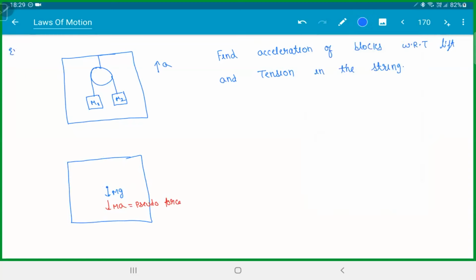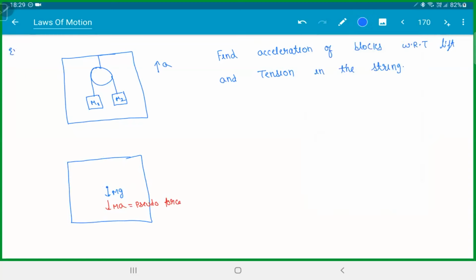So the observer inside the elevator will think this is a new gravity, g effective. Then you're done, na? What is the acceleration of the blocks?